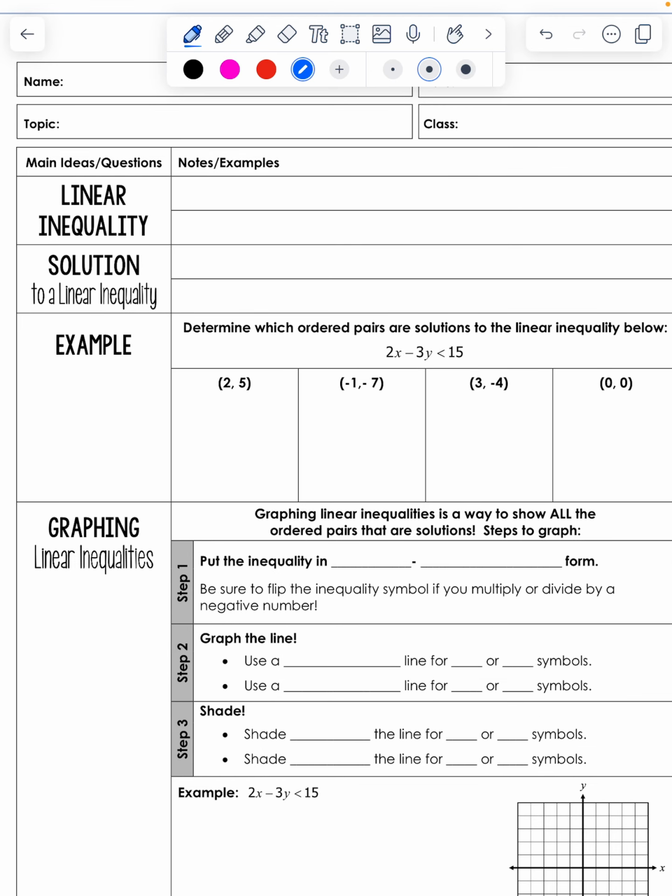So first thing that we should do is take a little bit of notes. So a linear inequality is similar to an equation, but uses an inequality symbol instead.